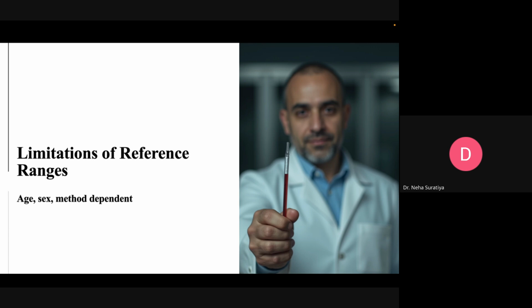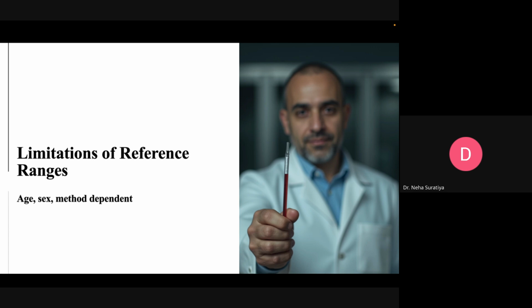From tomorrow we will be discussing special populations, and in each laboratory medicine module we will have a special population which considers the age and so on. It also depends on gender, pregnancy status, which is again a special population, ethnicity as well, and lab method and instruments. Method-dependent limitation is also there.